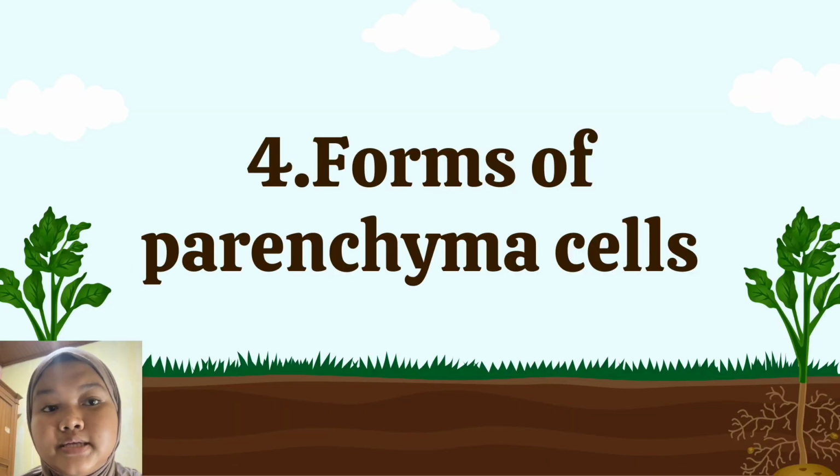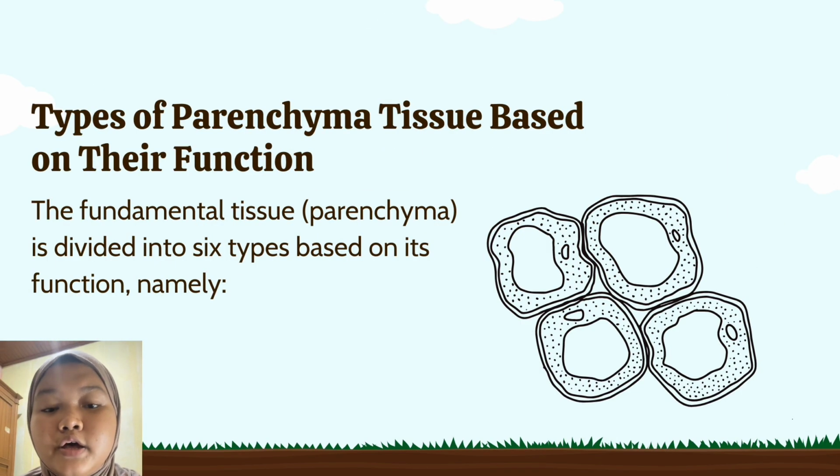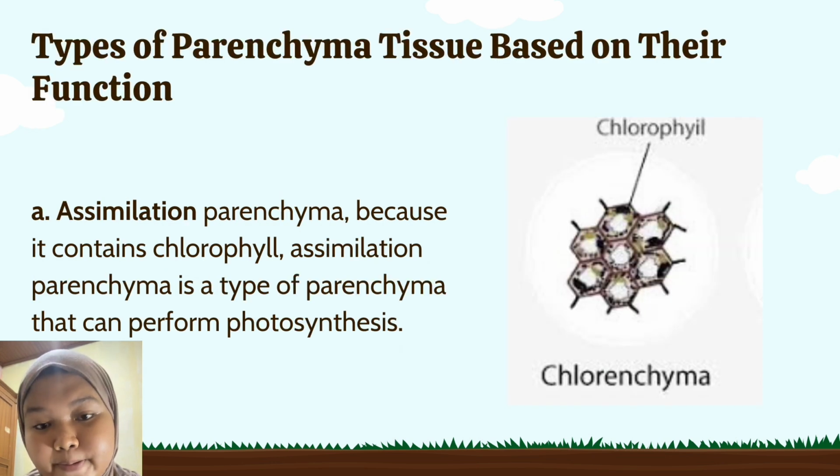Okay, the next material is the types of parenchyma. First, the types of parenchyma tissues based on their function. The fundamental tissue parenchyma is divided into 6 types based on its function, namely, first, assimilation parenchyma.